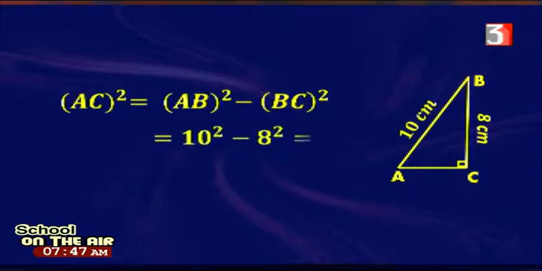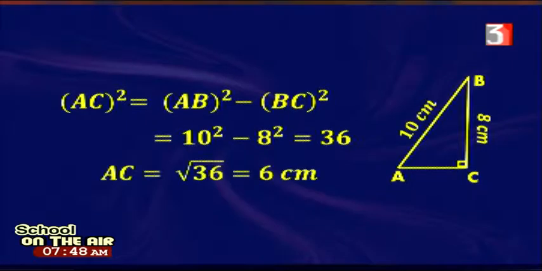So it is 10 to the power of 2 minus 8 to the power of 2 to give a result as 36. Now AC to the power of 2 equals 36. By taking the square root for both sides, you are going to find that the length of AC equals root 36 to give a result equals 6 centimeters.